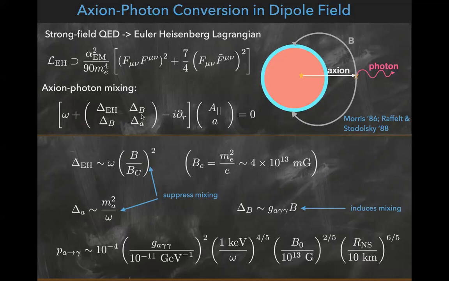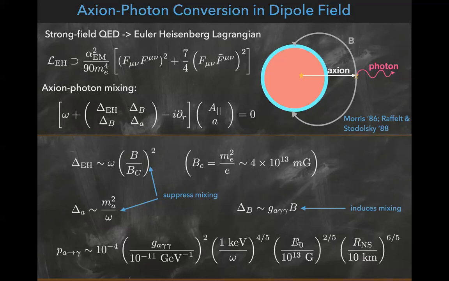So you can solve this mixing equation for a dipole magnetic field, which is what we're going to assume for neutron stars and white dwarfs. And you find the following formula for the conversion probability, where the conversion probability is about 10 to the minus 4 for an axion photon coupling on the order of 10 to the minus 11 inverse GeV for a typical neutron star value.